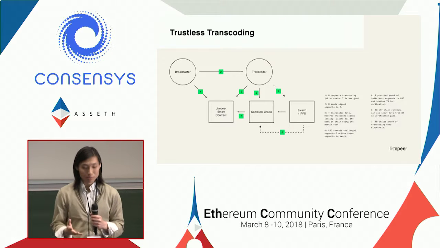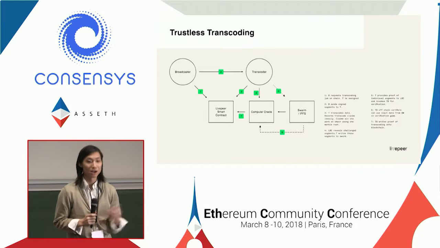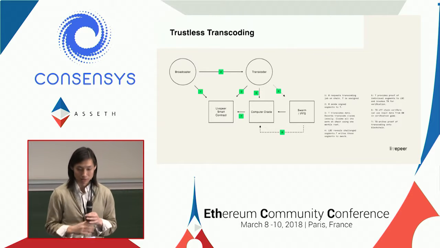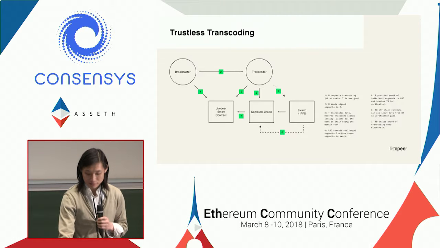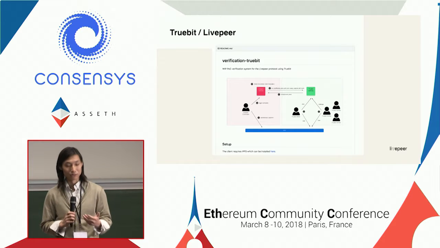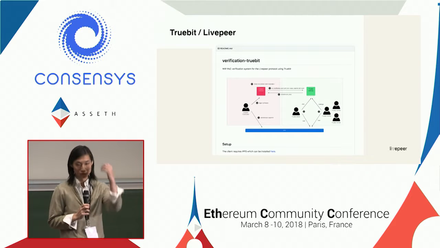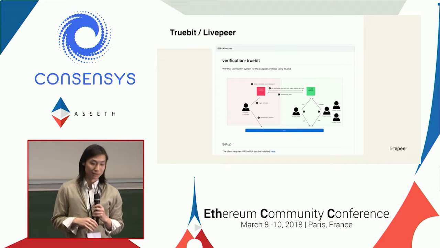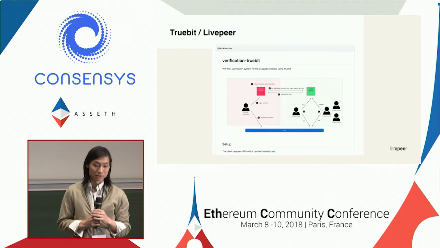So this compute oracle is an interesting question. How do we make this decentralized, and how do we make it really good? This is an open research question, and we're really excited to be participating in the TrueBit research. We've been working with the team for a while, and recently we've made a lot of good progress on this front.